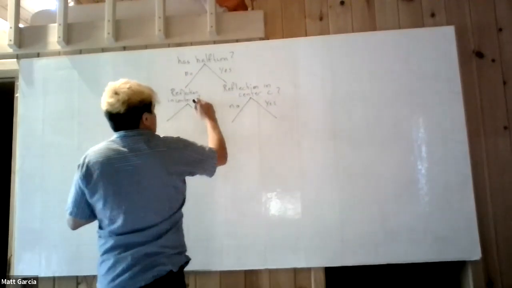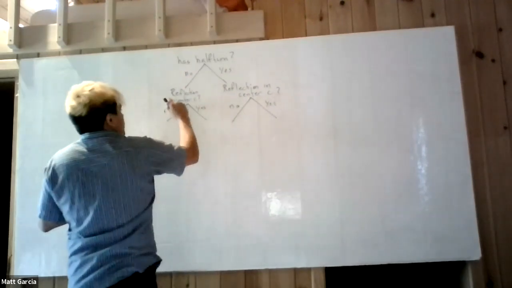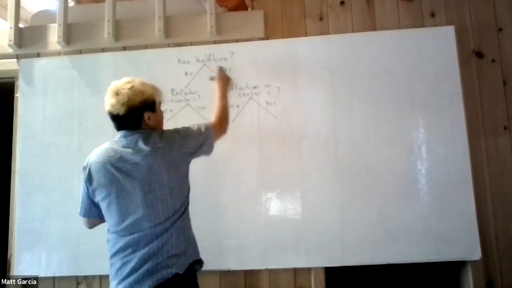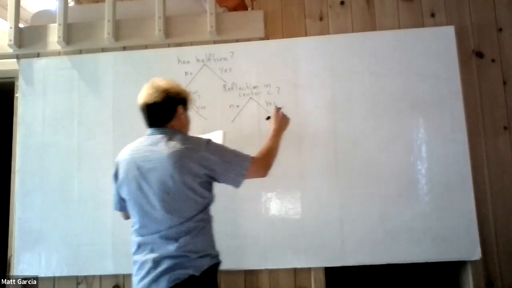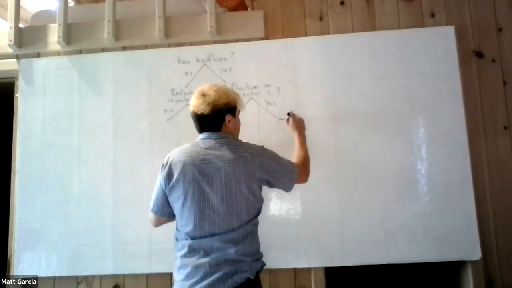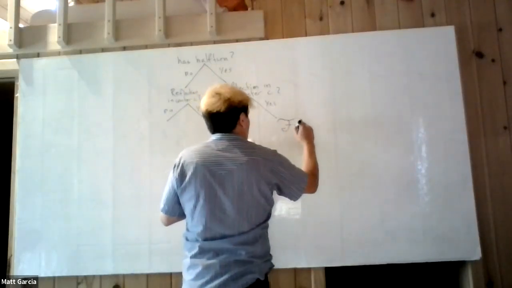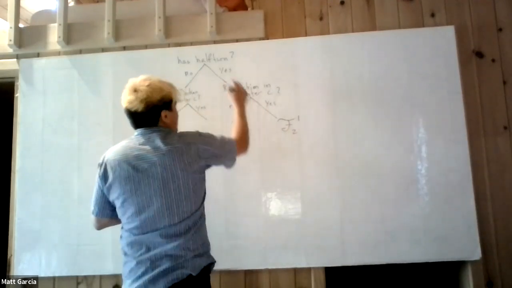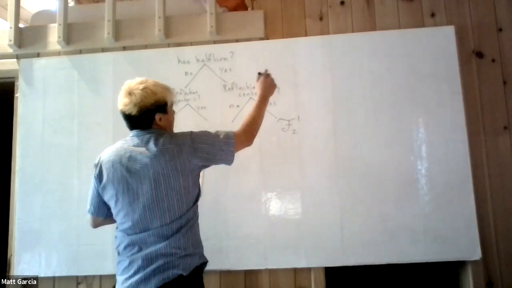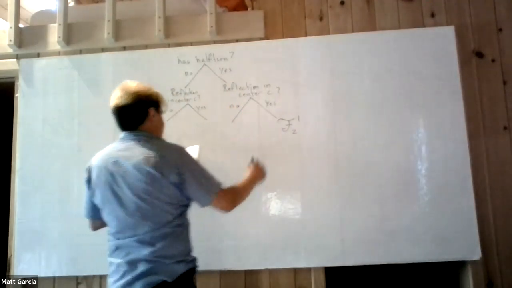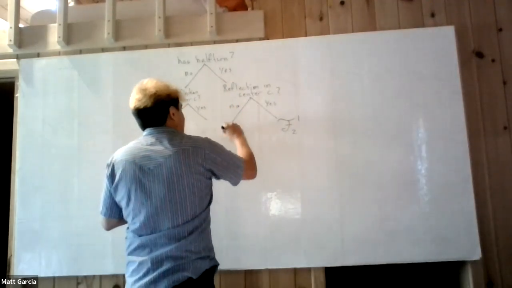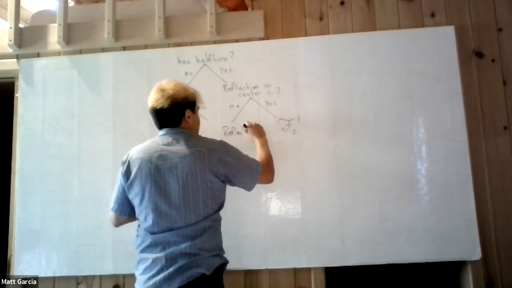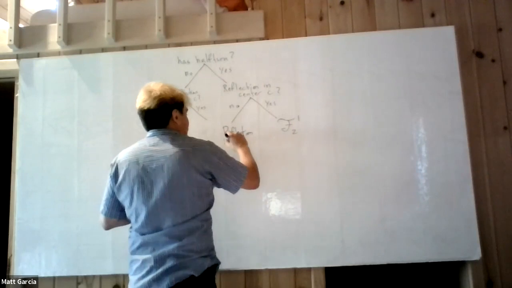So if I have a half turn and a reflection in the center C, then I know I'm F2,1. If I have a half turn and I do not have a reflection in the center C, then I have to ask, is there a reflection not in C?